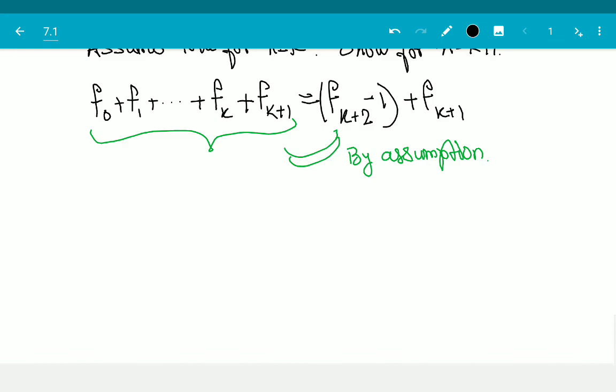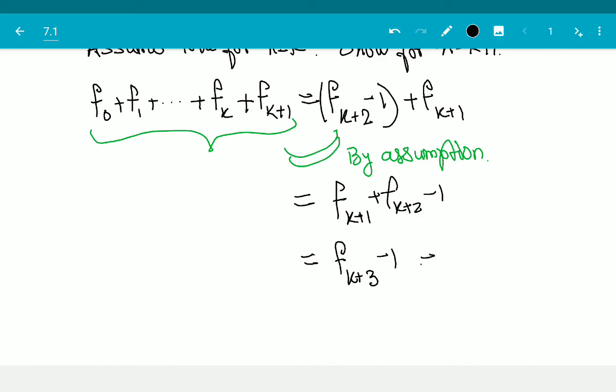If I have f of k plus 1 and f of k plus 2, this is f of k plus 1 plus f of k plus 2 minus 1, which by definition of the Fibonacci sequence is f of k plus 3 minus 1, which is exactly f of k plus 1 plus 2 minus 1, right? And hence proved by induction.